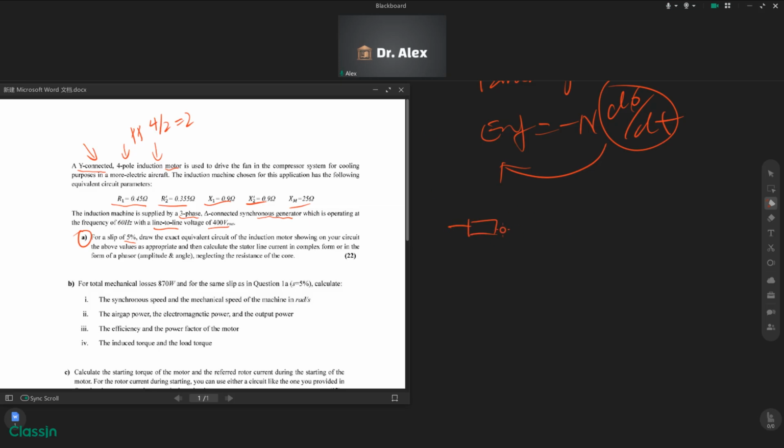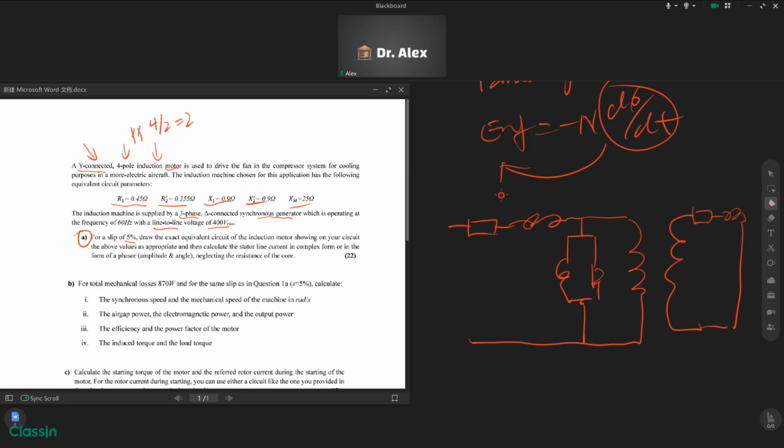So it should be like this, right? So this is R1, which means the total resistance for the wire in the stator.